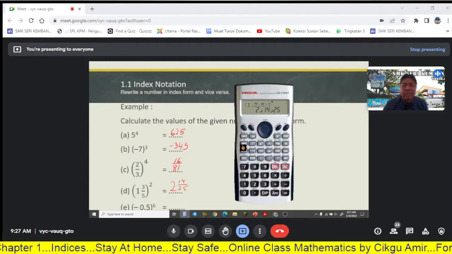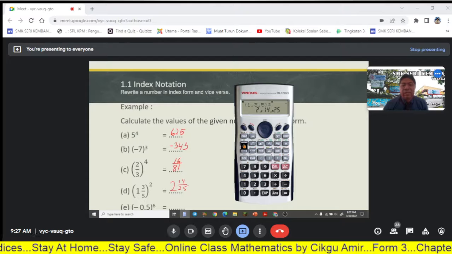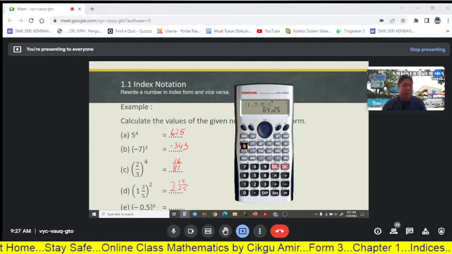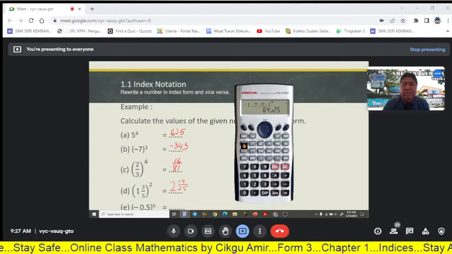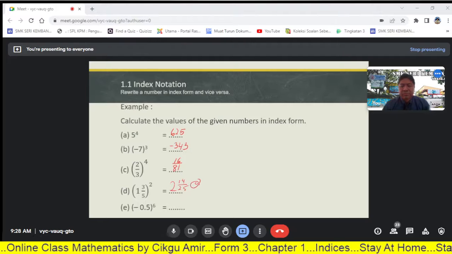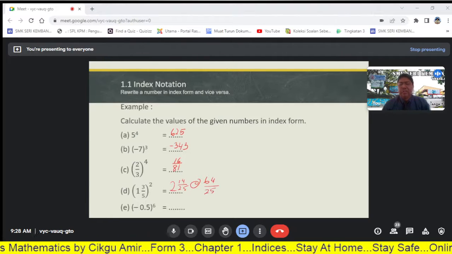How do I do that? I press shift, I press a b/c again on the answer, and I get 64 over 25.